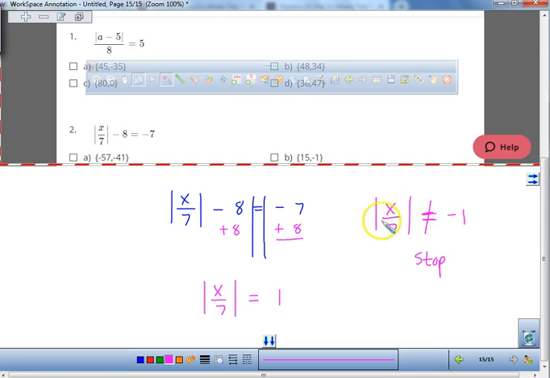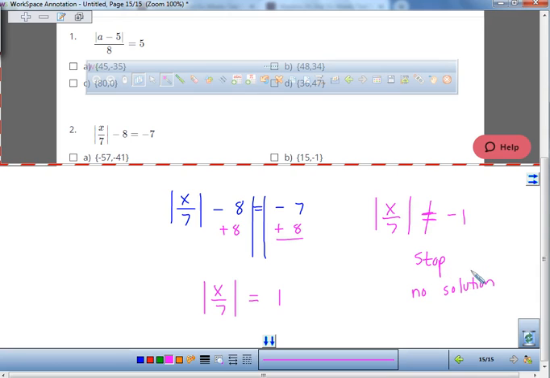If you got an absolute value expression equal to a negative, you just stop and the answer would be what? No solution. Okay, that's a quick little review. That's not our case. Our case, we can keep going. But anytime you get it equal to a negative, you stop.